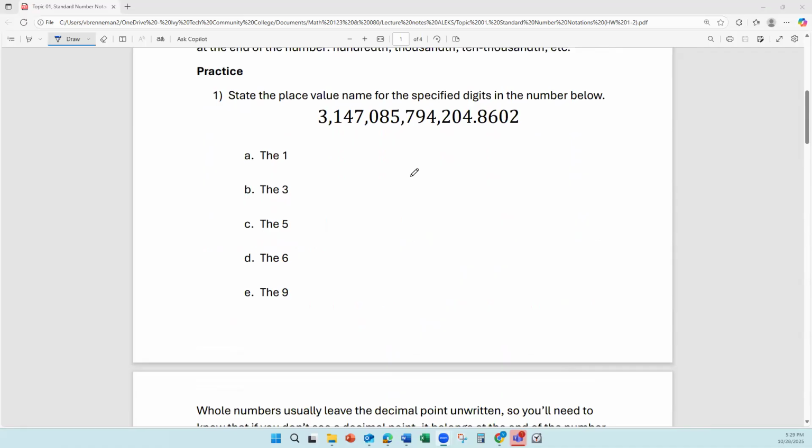This whole big number here would be read as, if we look at these, here's the decimal point, that's the starting point. This would be 1,000. And then the next comma is the million.